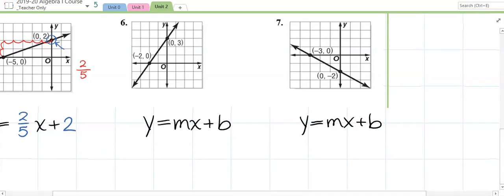On number 6, the slope is rise 3, run 2. Rise over run, 3 over 2. So I put my slope of 3/2 in for m. My y-intercept, where does the line cross the y-axis? Again, right here, where b equals 3.